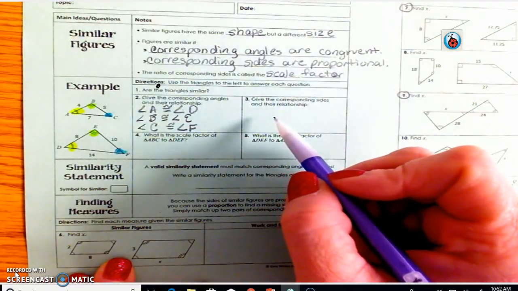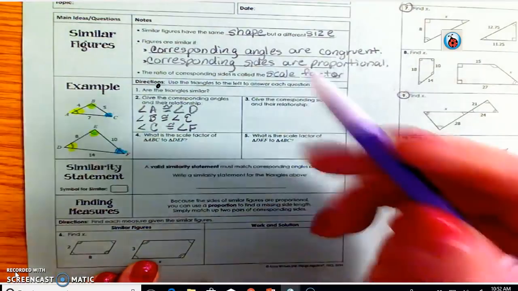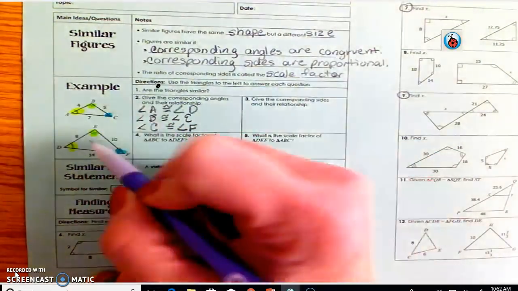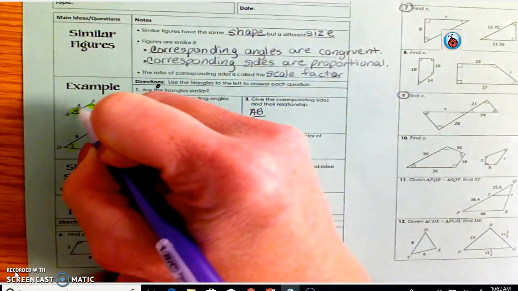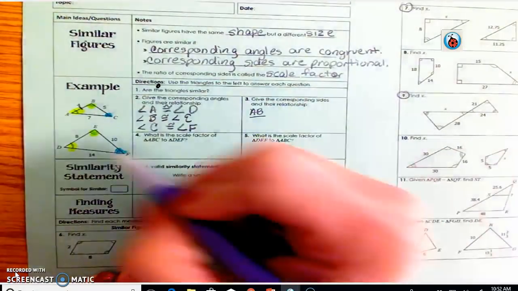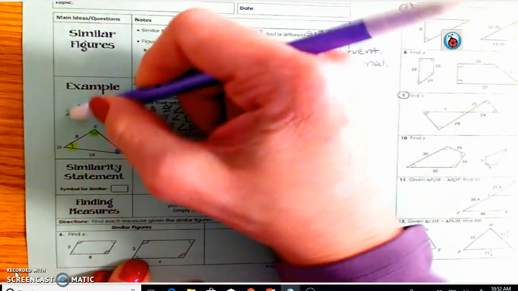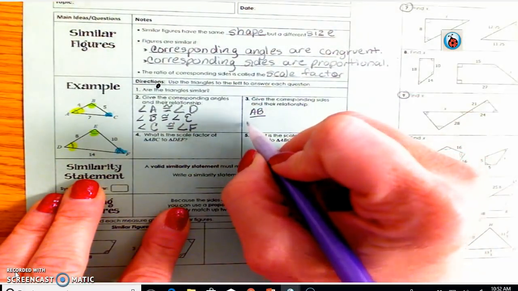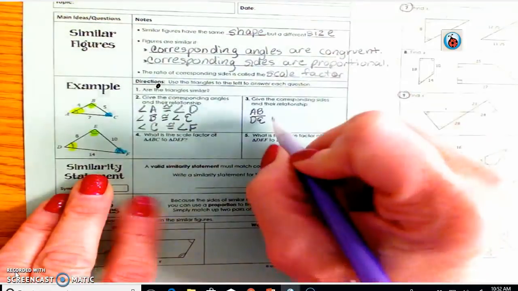The next thing we need to look at is we need to decide if corresponding sides are proportional. Well, if you take a look, side AB corresponds to DE. Okay, we have 4 to 8.